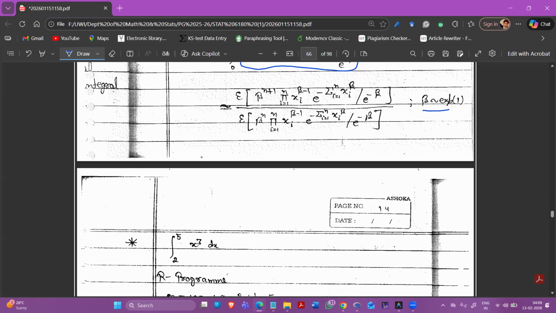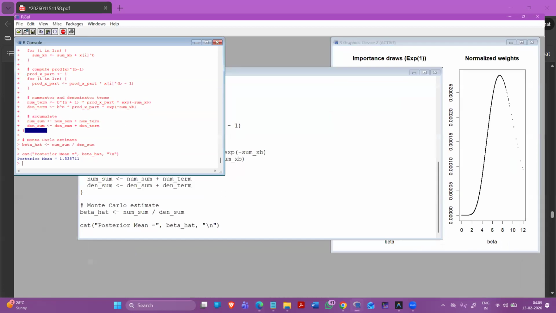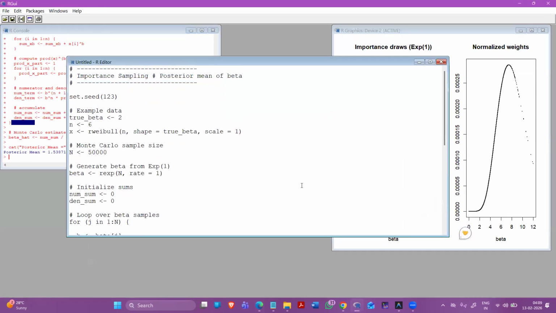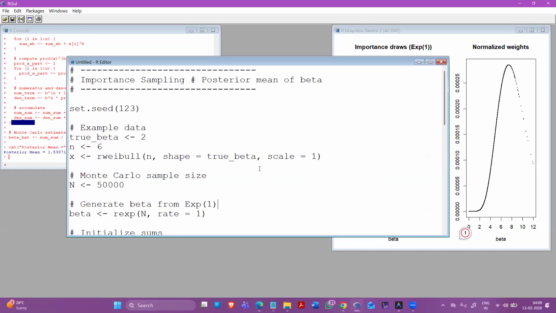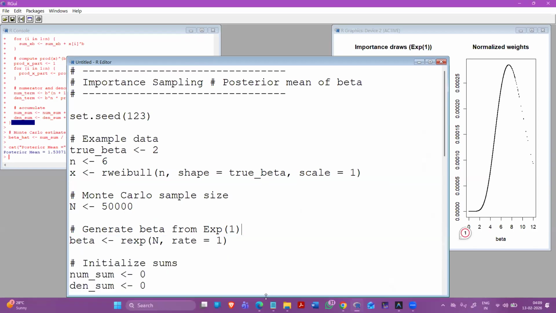For that we have one R code here, for the same example. Is it visible for you? What we are going to do here, we are assuming the true value of beta is 2, and we are going to generate only 6 values of our random variable that follows the Weibull distribution.